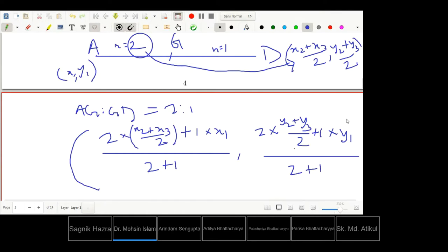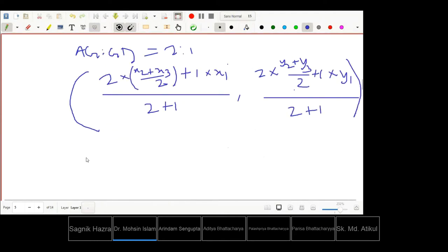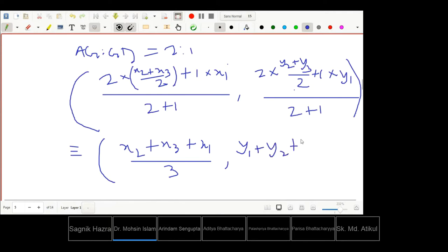If you simplify, the 2s cancel, and you get x1 plus x2 plus x3 by 3, and similarly y1 plus y2 plus y3 by 3.